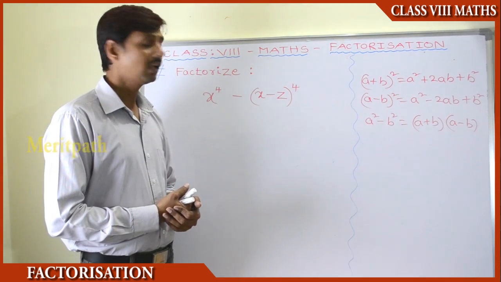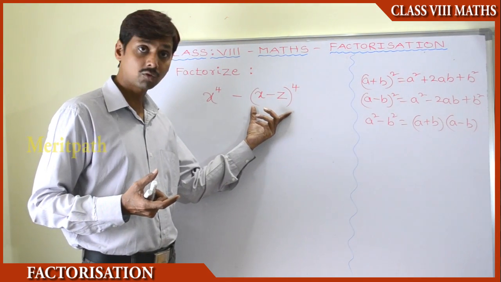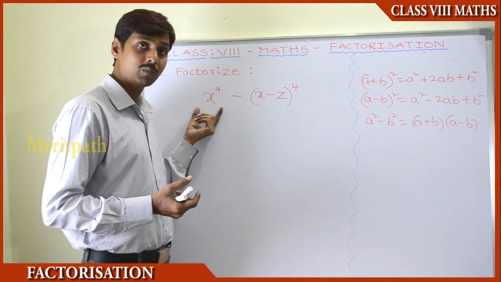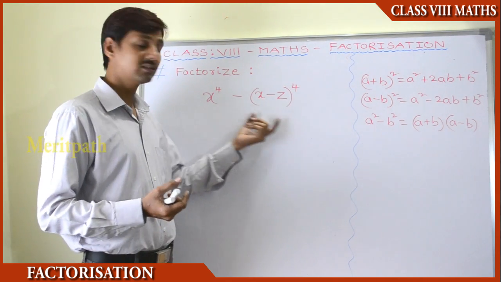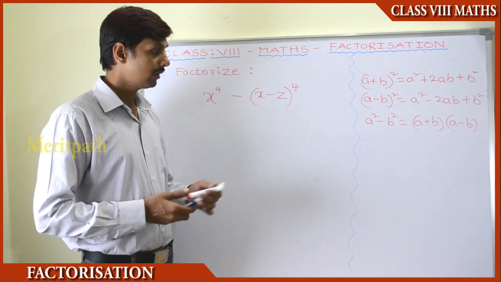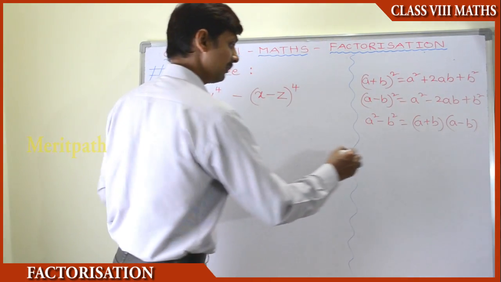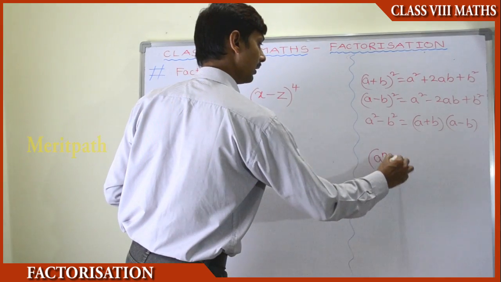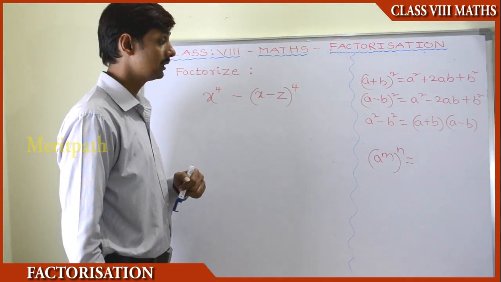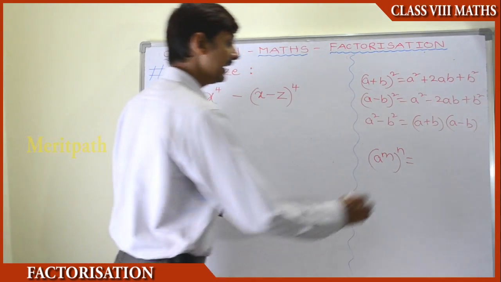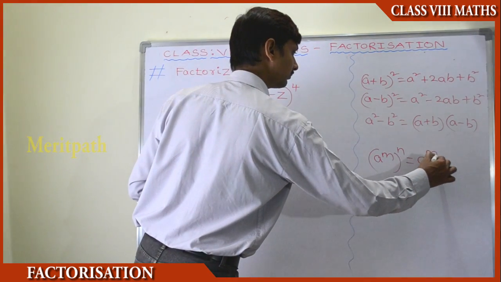The reason is, without simplification, we can take this x power 4 and write it as a square of a square. Then we use the identity from exponents that a to the power of m, whole to the power of n, is a to the power of m into n.